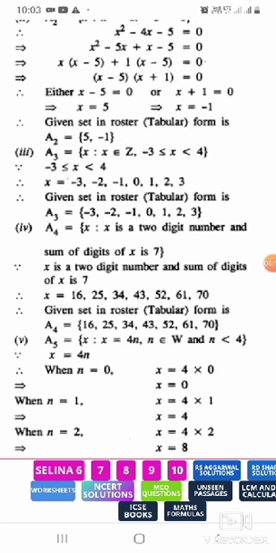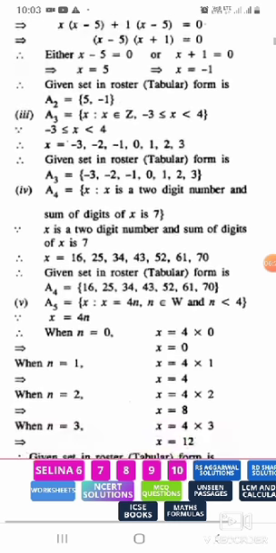From 0 to 10 it is not possible, since we need a 2-digit number, so we take more than 10. It will be 16, that is 1 plus 6 is 7. From 20 to 30 we have 25, and from 30 to 40 we have 34, where 3 plus 4 is 7. From 40 to 50 we get 43. From 50 to 60 you can write 52.